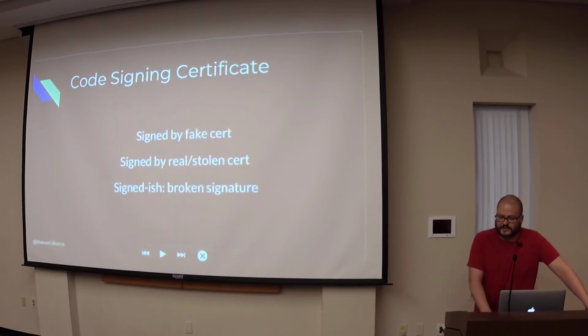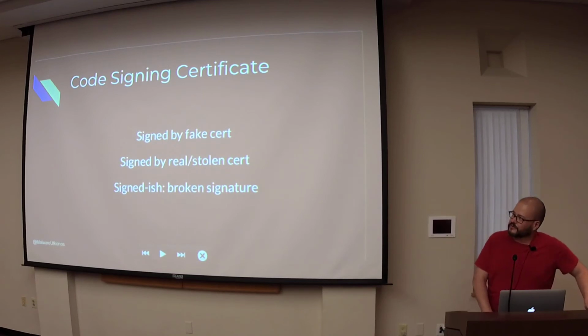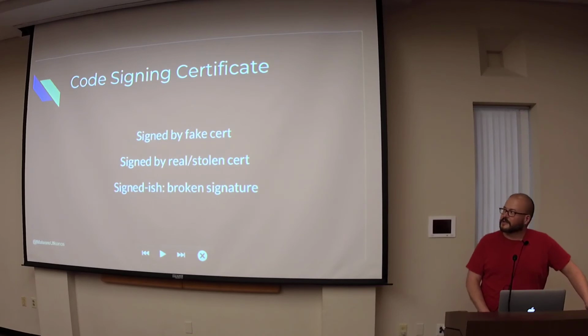So this is another example of ways of relating malware: the code signing certificate. Code signing certificates can be abused by the adversary in many different ways. You can create a fake cert, a self-signed cert or a fake cert of some type.